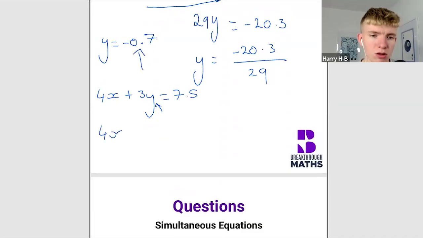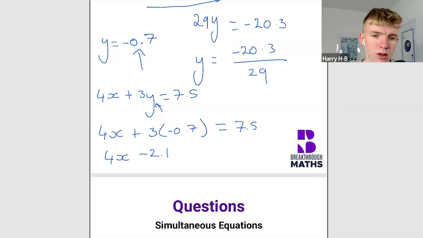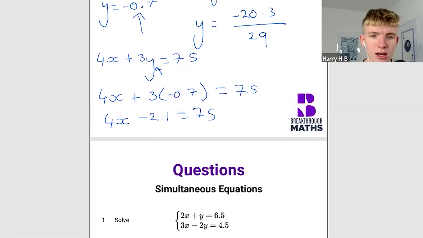So 4x plus 3 lots of negative 0.7 is equal to 7.5. If we simplify this, we get 4x minus 2.1 is equal to 7.5. Simplify it once again, and we get 4x is equal to 9.6.